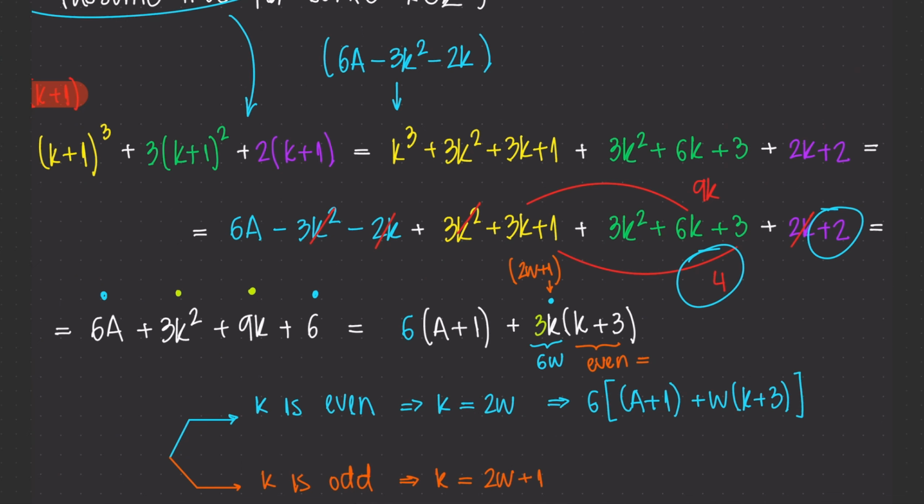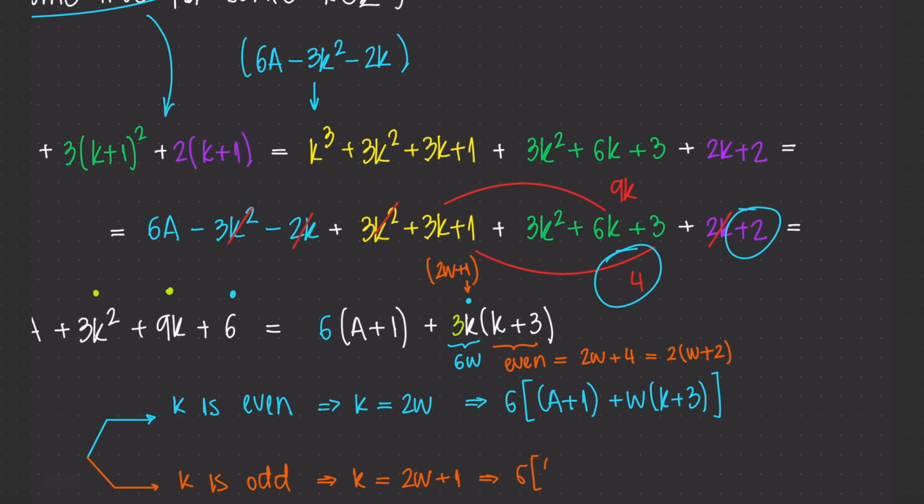And over here, we're going to get 2w plus 1 plus 3, which is 2w plus 4. Therefore, we can factor out a 2, and we have w plus 2 over here. Therefore, we're going to have 6 times A plus 1 plus a product between 2w plus 1 and the w plus 2 that we have left over here, which means that in both cases we can factor out a 6. So in both cases we're fine.